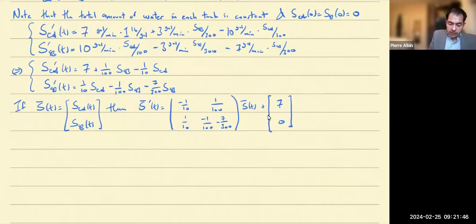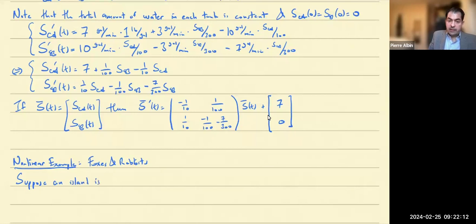Okay, let's do a nonlinear example. Foxes and rabbits. So this is a very common model for population dynamics. Suppose an island is inhabited by foxes and rabbits.